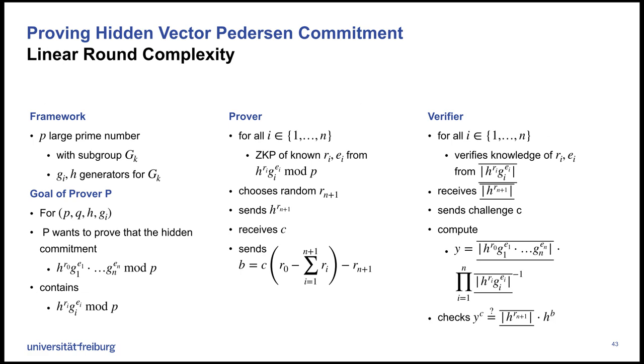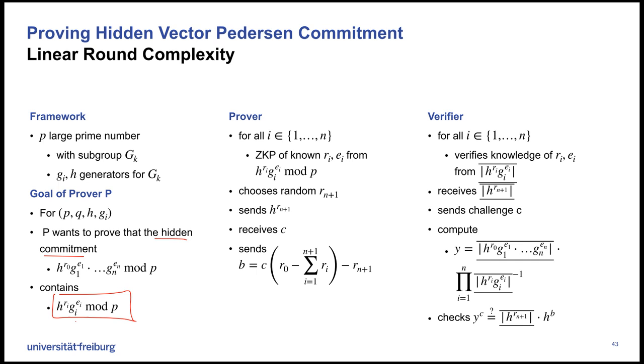So one way to do this: we want to prove that we know everything in the hiding commitment. We want to prove that the hidden commitment contains this other hidden commitment, like getting everything out of this hidden commitment, and we still have the same thing.